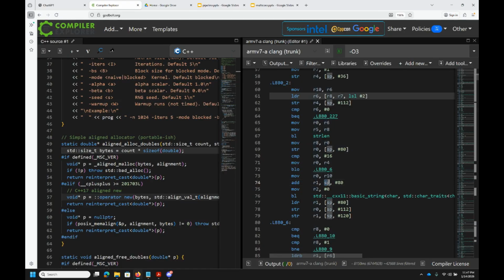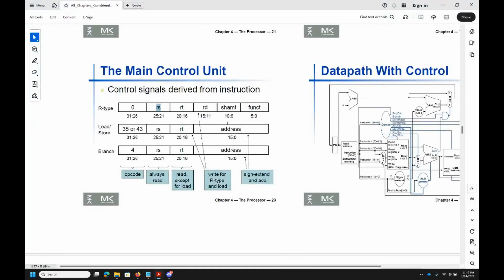This R2 here, SP, is the other register, and this is the third value, which could also be a register in a normal program. So you have three registers, then you have the shift amount, which is how much to shift a number by. Usually this is empty, and finally the function field, which is a modifier.